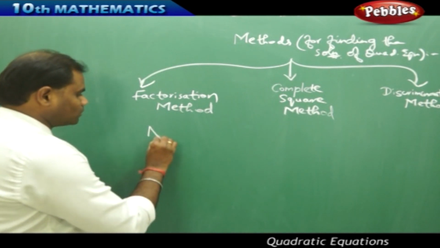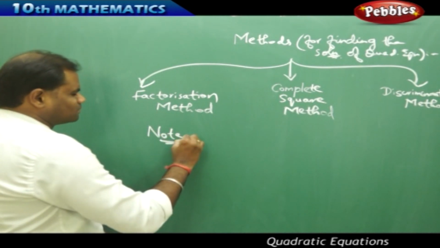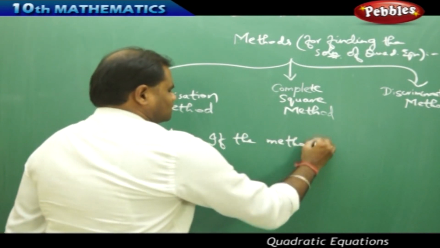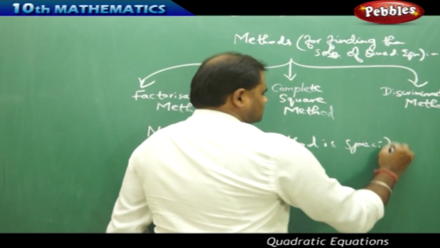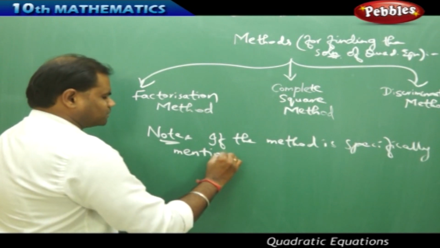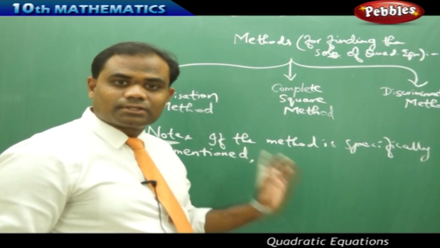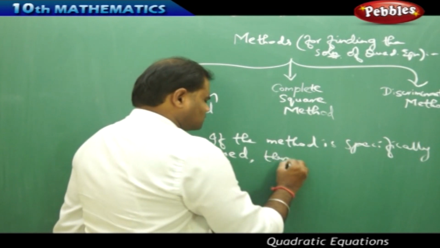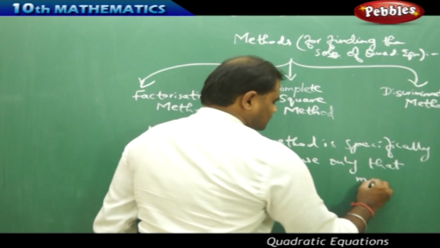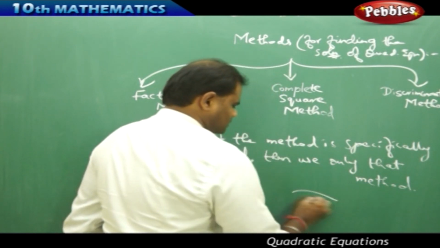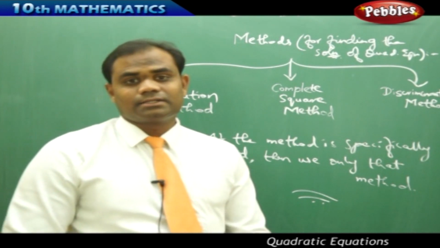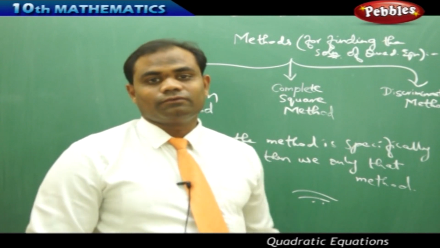So it's a very important note I make here, that if the method is specifically mentioned, then use only that method, because it is with the intention of using that specific method that we are going to proceed.